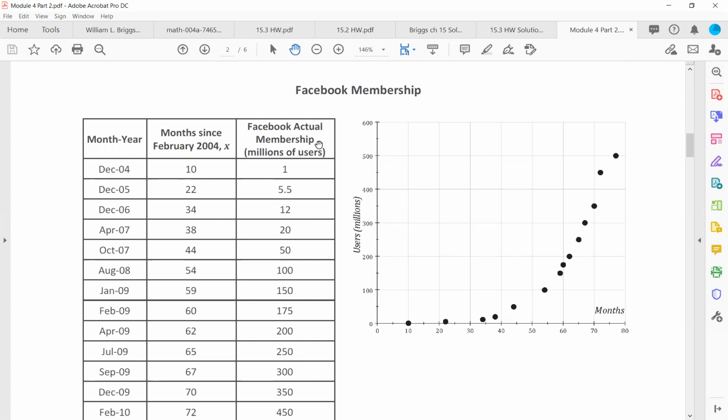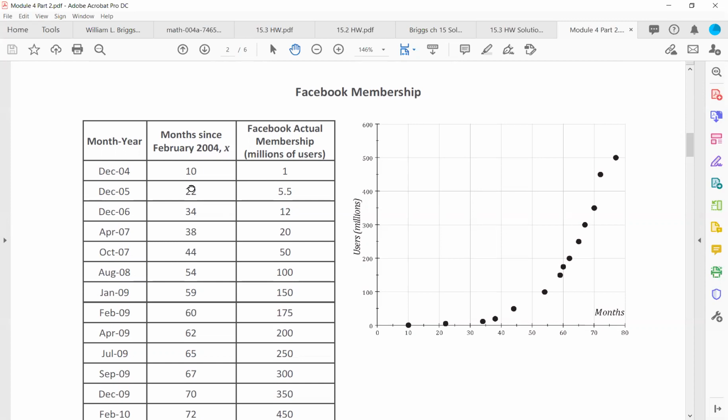And Facebook's actual membership in millions of users was 1 million. Let us move on to the second row. Month, year is now December 2005. The number of months since February 2004, which represents x, is 22 months. How many members? 5.5, or 5,500,000 users.